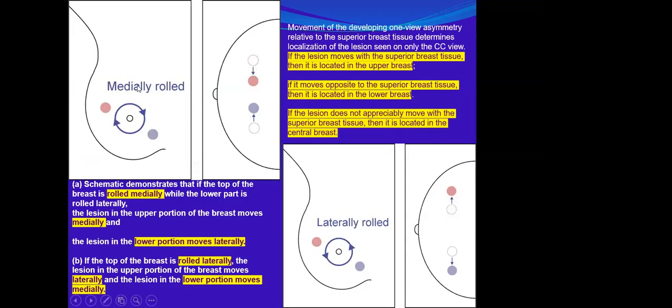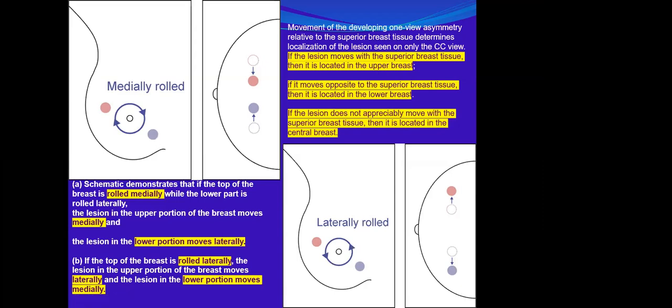Let us see the examples here. This is the medial roll view. On the CC view, you are going to move the breast around the axis of the nipple. You will roll it. This represents a lesion at the superior breast, and this represents a lesion at the inferior breast.